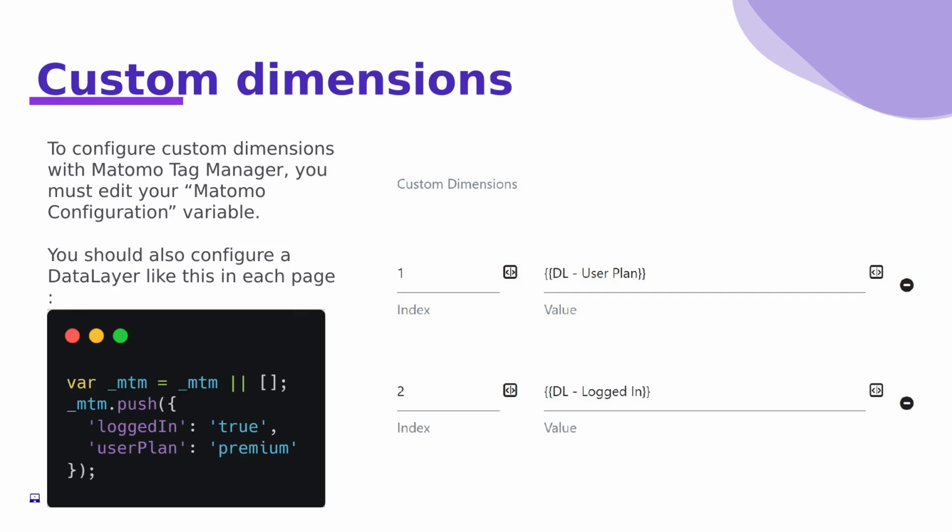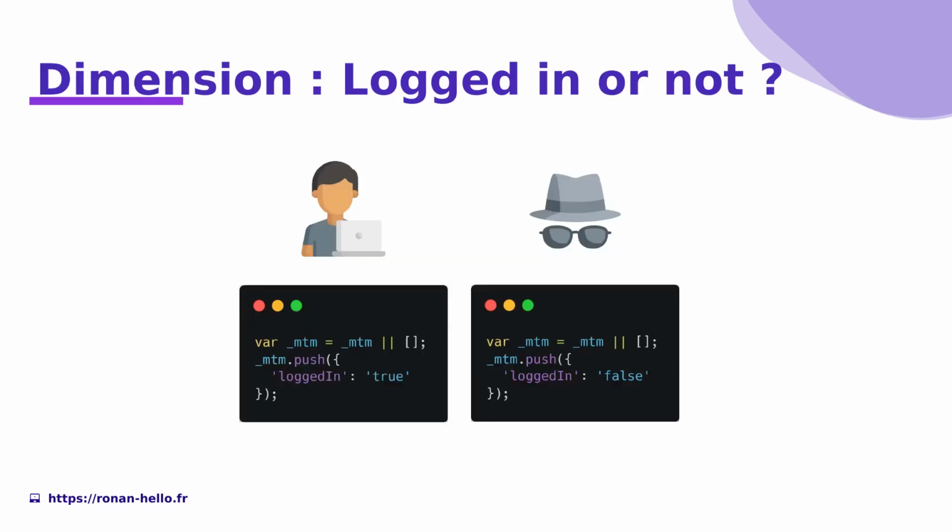Here, the first index is for user plan, and the second index is for logged in or not. So about the two custom dimensions, as you can see, when you are logged in, we just display true in the data layer, and when you are anonymous or not logged in, we set false in the data layer.